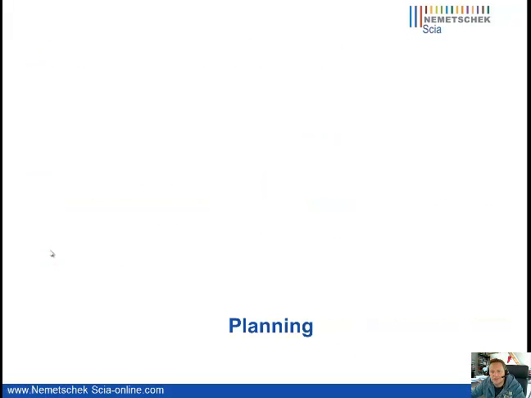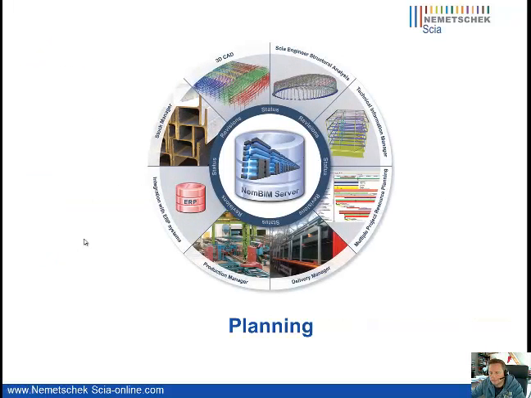So let's start with the planning. Typically in steel fabrication, the planning can be divided into several stages. First of all, you have the overall project planning, which is called in the SCIA Steel solution the master scheduler.